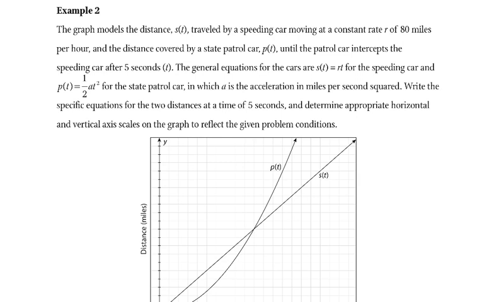Write the specific equations for the two distances at a time of 5 seconds and determine appropriate horizontal and vertical axis scales on the graph to reflect the given problem conditions. Okay, well then.